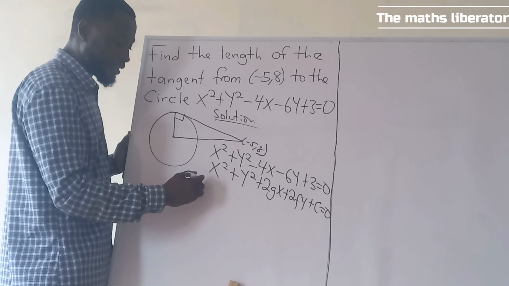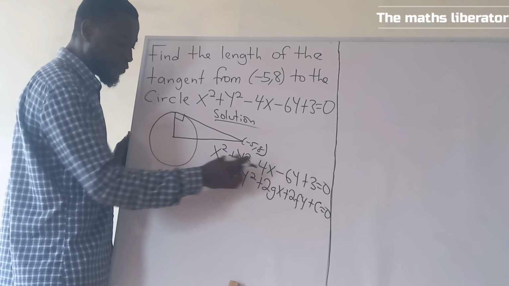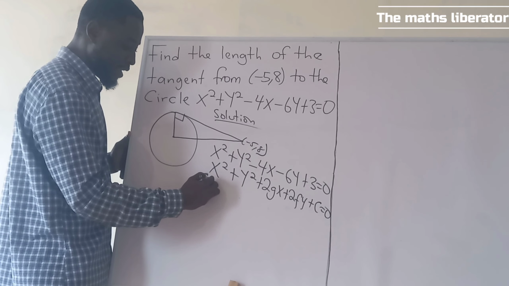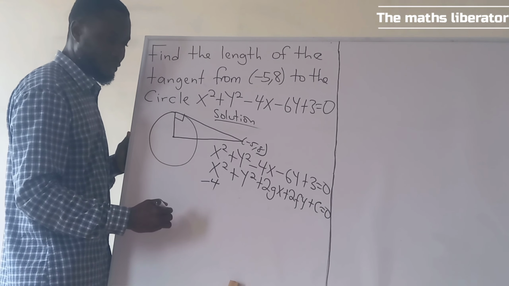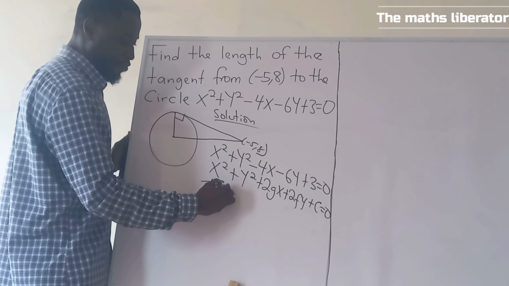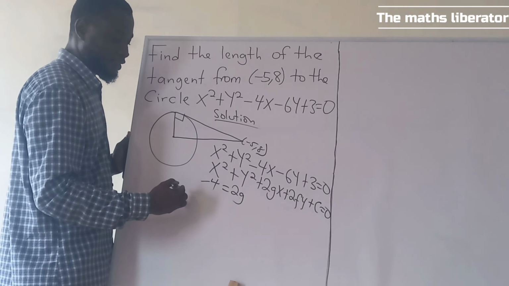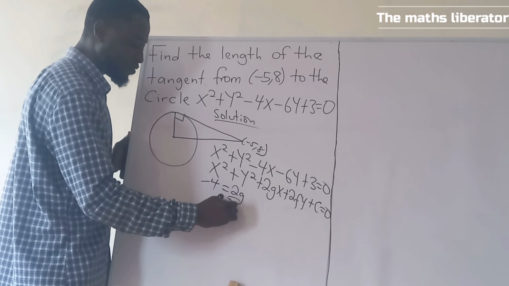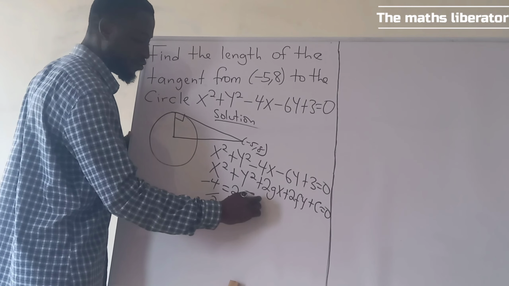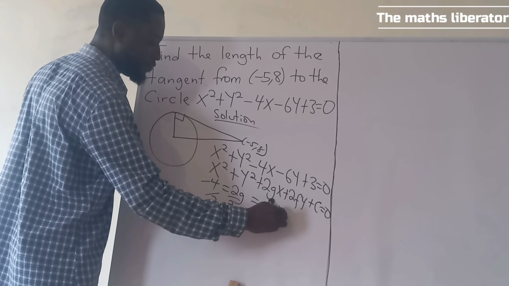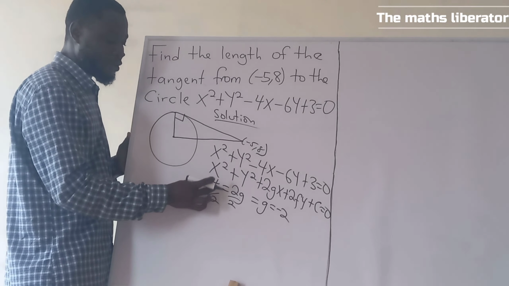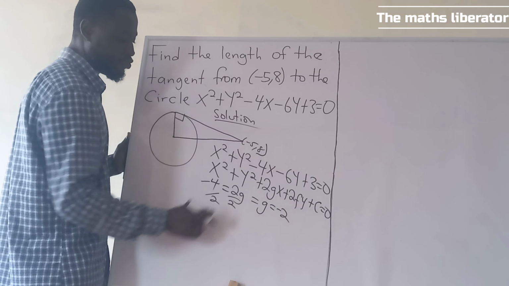That's the coefficient of x, which is negative 4 for this one. Negative 4 equals 2g. When I want to get the g, I'll divide both sides by 2, so my g becomes negative 2, because negative 4 divided by 2 is negative 2.